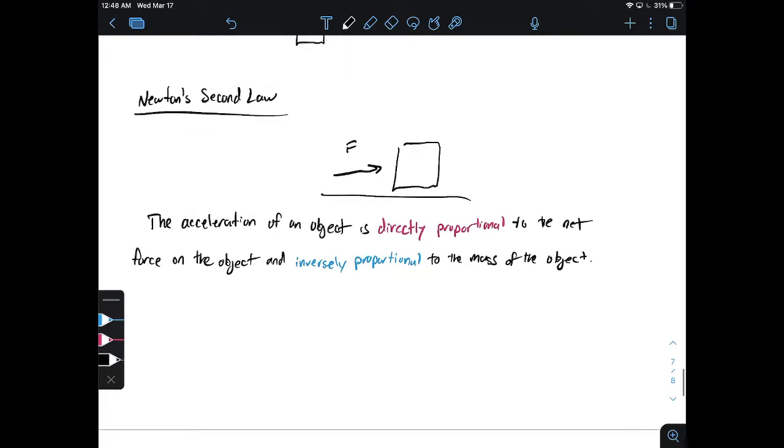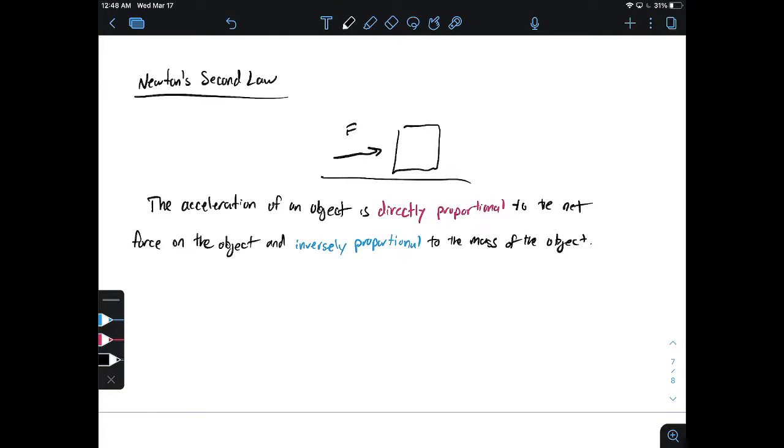Now let's generate a few ideas from this and say that the acceleration of the object is directly proportional to the net force. If something's directly proportional, when the net force increases, then the acceleration would increase.